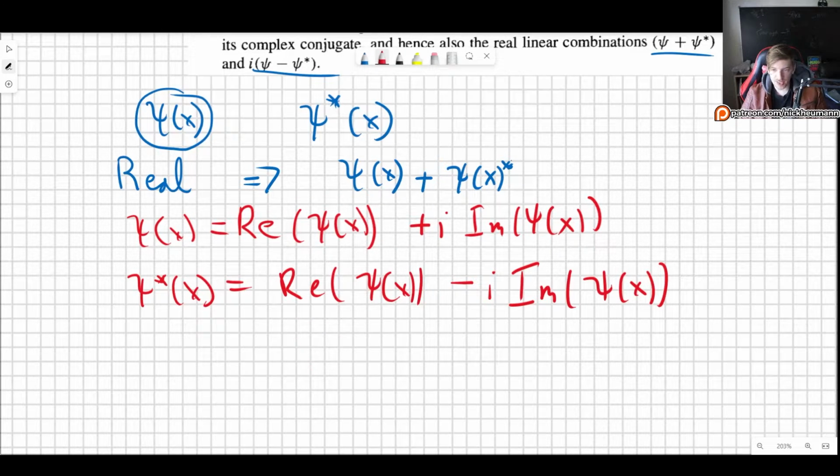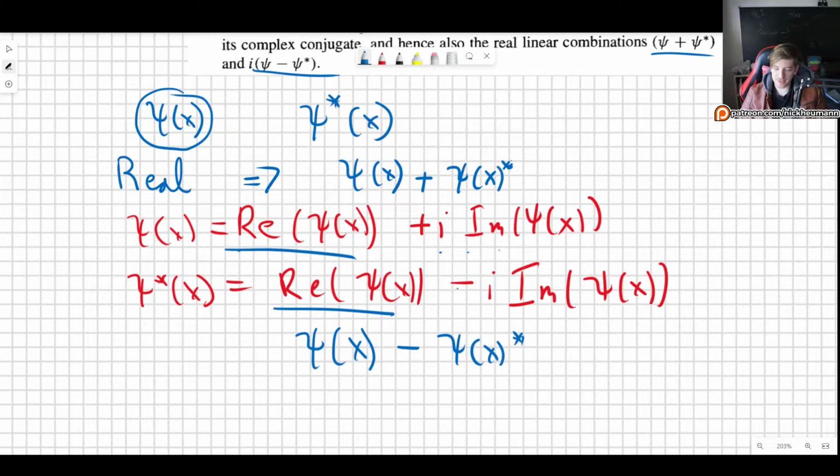And what if we take, actually let me change colors here. What if we take psi of x minus psi conjugate? In that case, we would have the real plus i imaginary part minus the real, which would cancel out the real part, and minus minus, so we would get 2 times i times the imaginary part of psi of x.